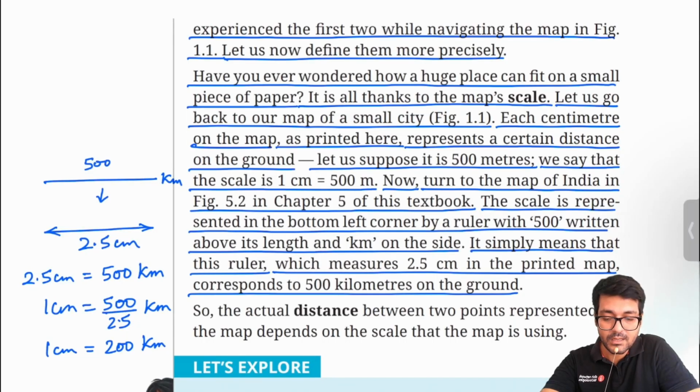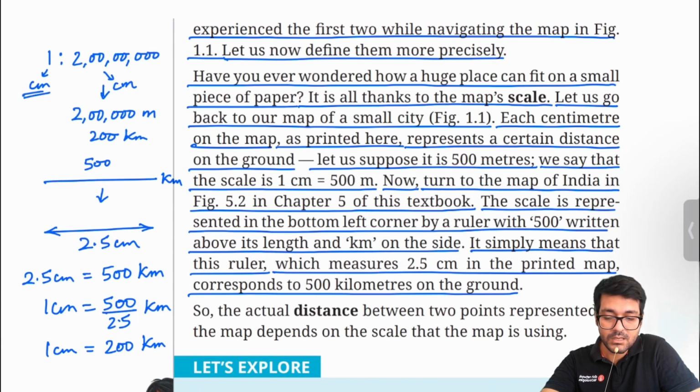Sometimes scales are written in ratios like this: 1 is to 2 crores. That means 1 centimeter on the paper or map is equal to 2 crore centimeters on the ground. I have written here 2 crores. 2 crores is equal to 2 lakh meters or 200 kilometers.